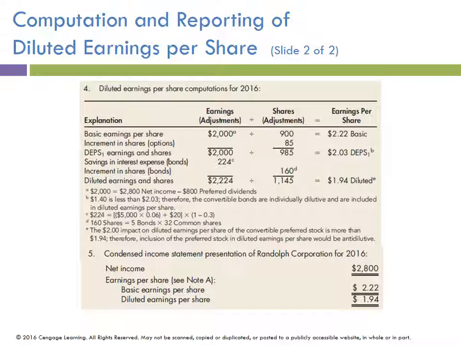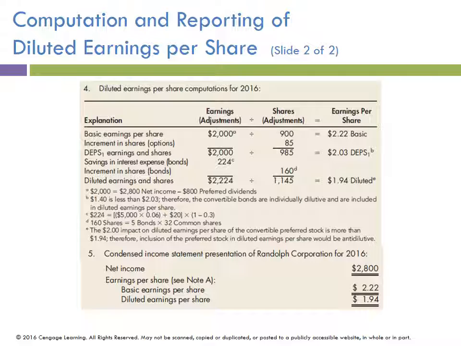Currently our numerator is at 2,224, that's the net income plus the interest expense that we wouldn't have had if the bonds were converted, minus preferred dividends, because we actually have preferred stock that paid preferred dividends. If we had converted that preferred stock as of the beginning of the year, our numerator would have been $800 higher. We would have never subtracted that. So our new numerator would be $3,024.